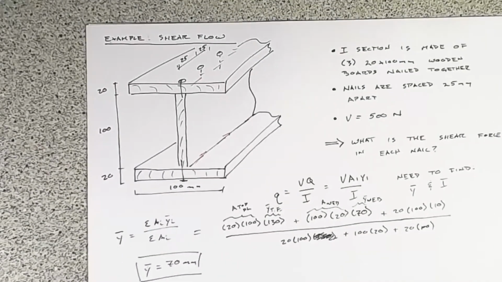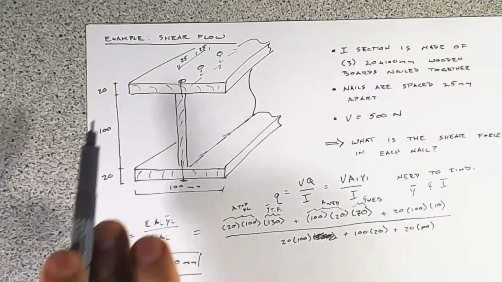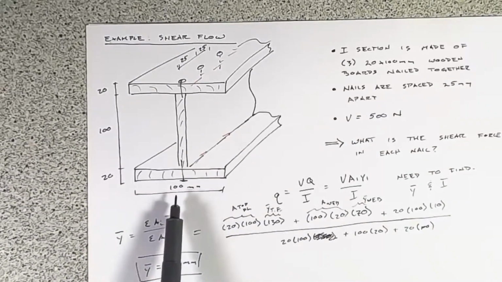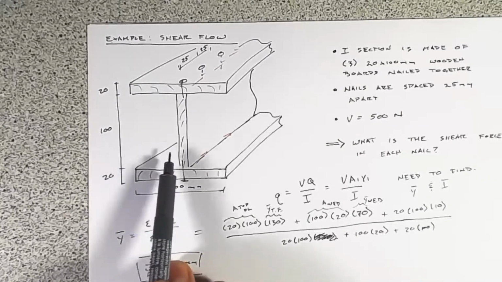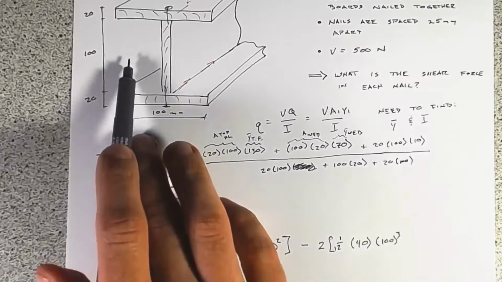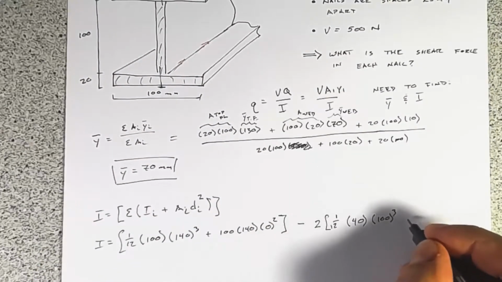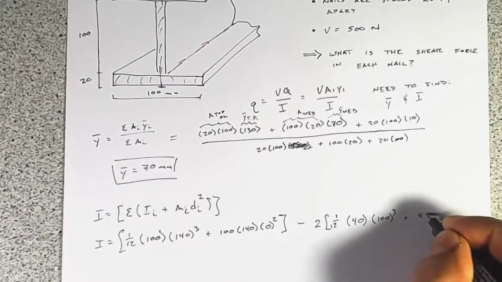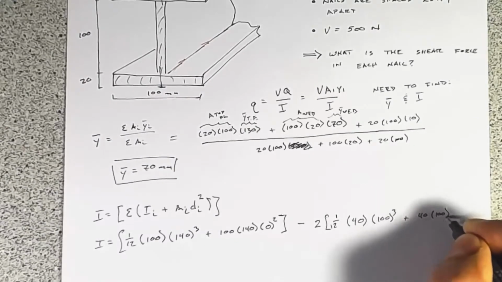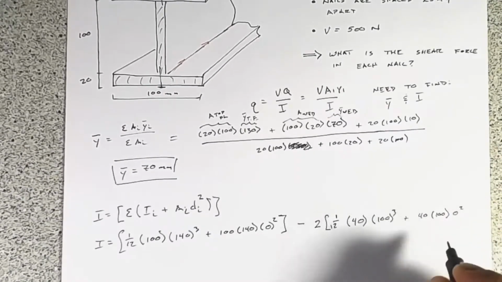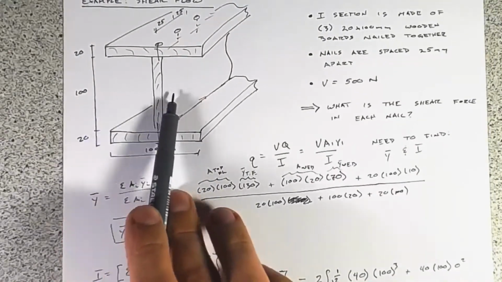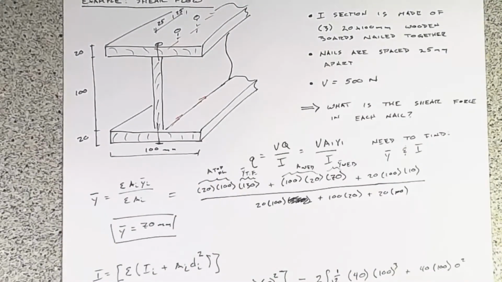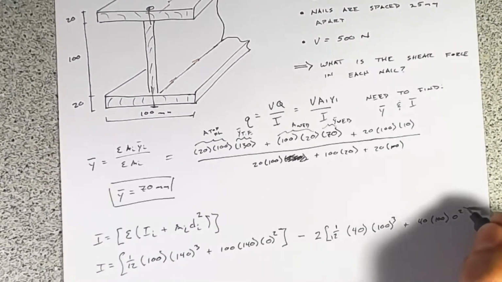So I think you can see that. So the 100 millimeters tall. And then this is 100 minus 20 divided by 2 gives us our 40 for each of the voids, 2 voids, plus 40 times 100 times 0 squared, because the centroid of this void is in the same line at 70 millimeters where the centroid is of the entire specimen.